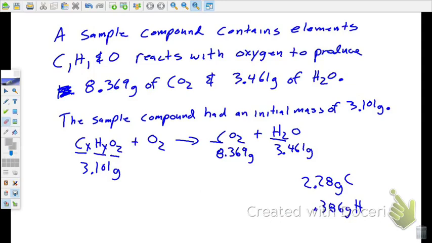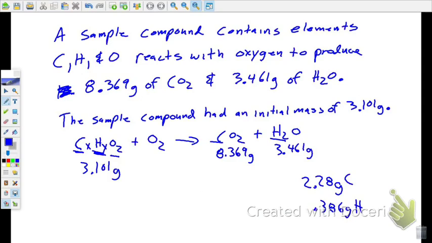And we also know within that 3.101, because of conservation of mass, all the hydrogens that went over, there was 0.386 grams of hydrogen that went over from this 3.101. What you can do is find oxygen by subtracting out those two weights from the total, right? Because you know the carbon weight, you know the hydrogen weight, the only thing you're missing is oxygen, and this is all three of them combined.